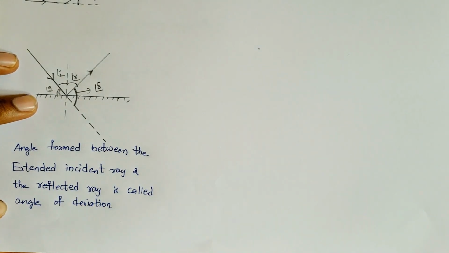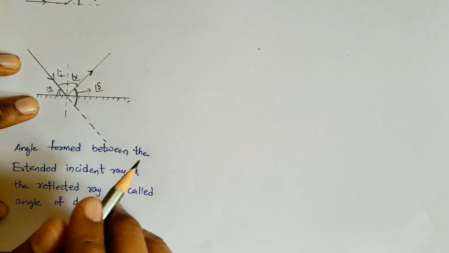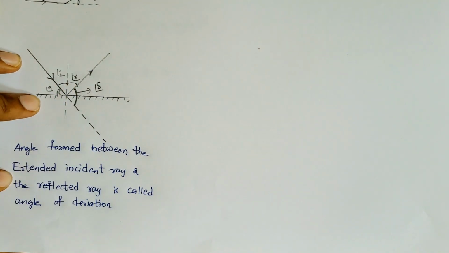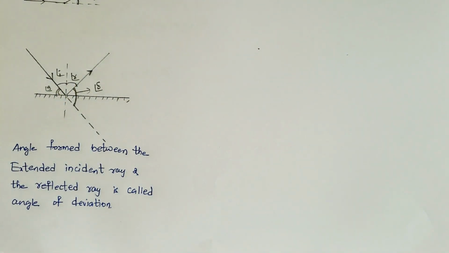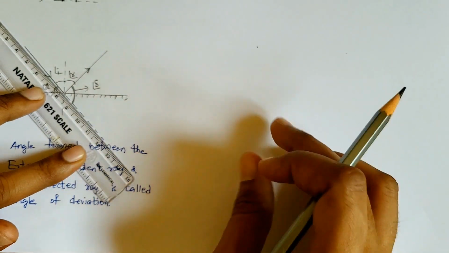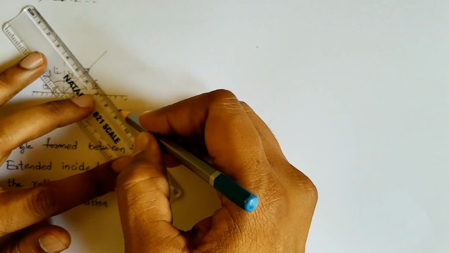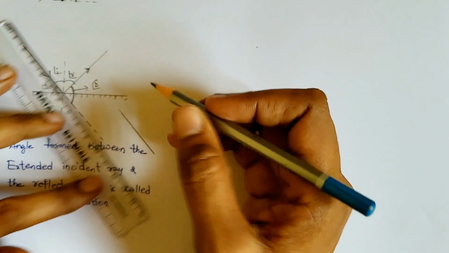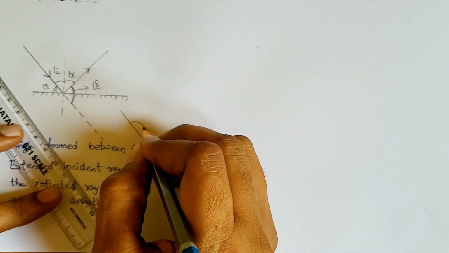How to derive a formula for angle of deviation? There is a formula to derive. Imagine a straight line here. We are going to use some geometry. What will be the total angle formed from here to here?